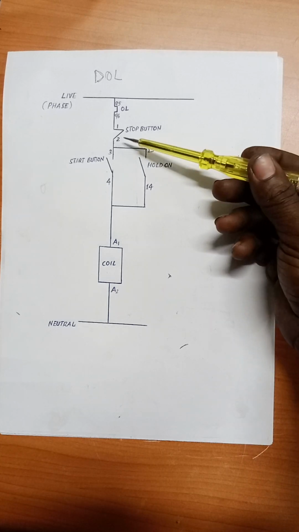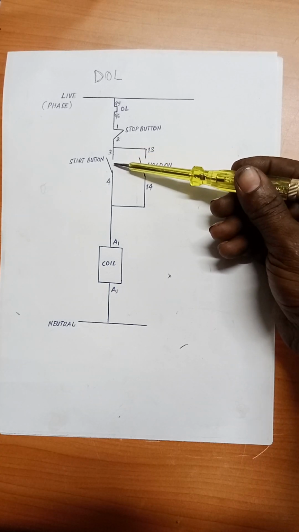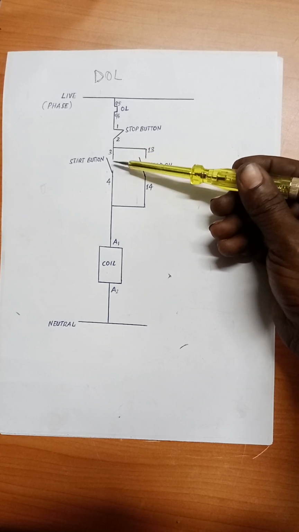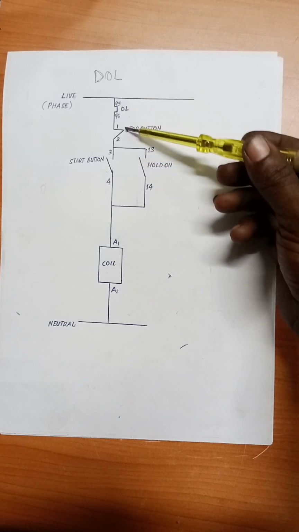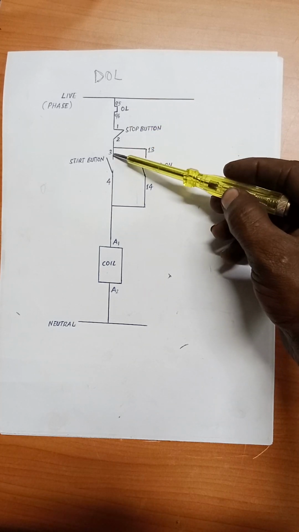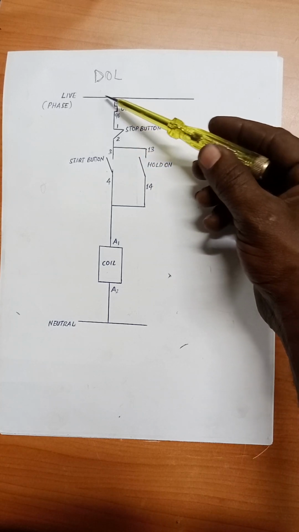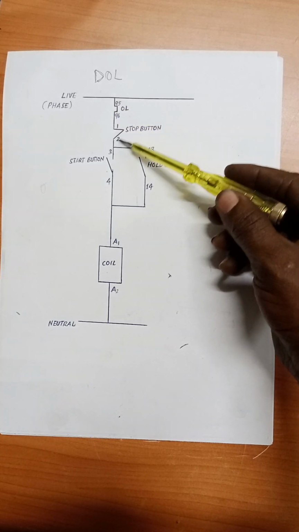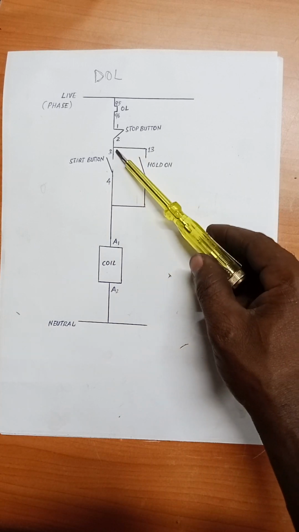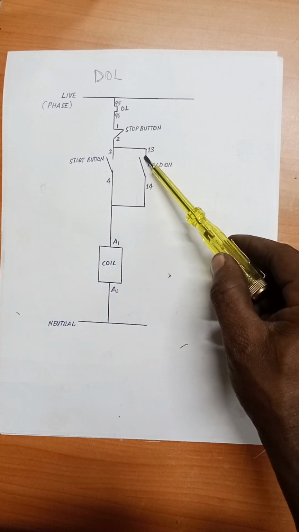When we make it on here, first power is coming up to the number 3. Power coming from our line direct up to the number 3 and number 13.